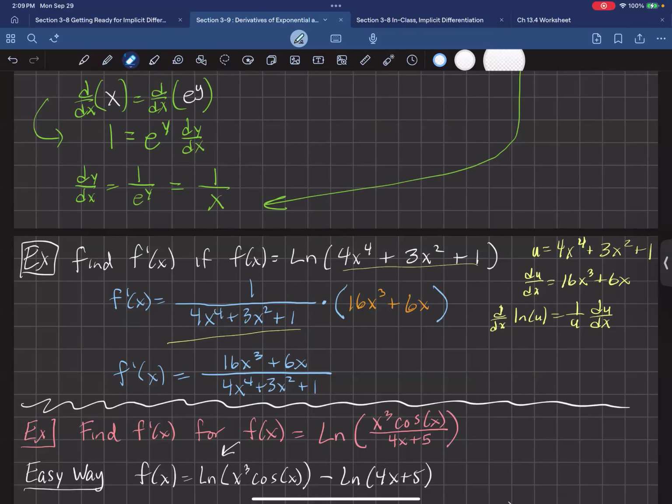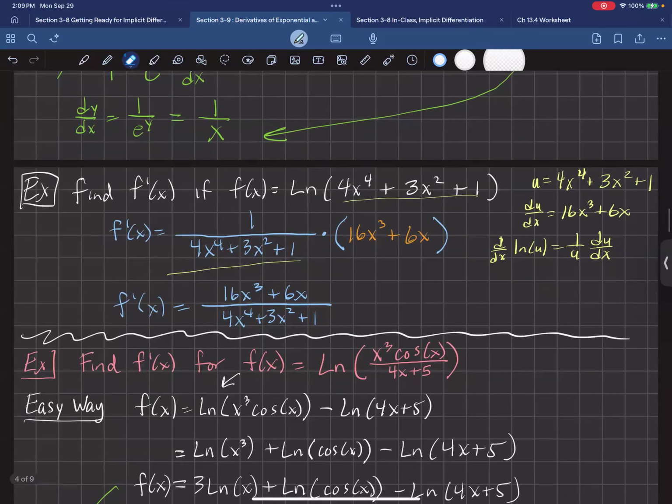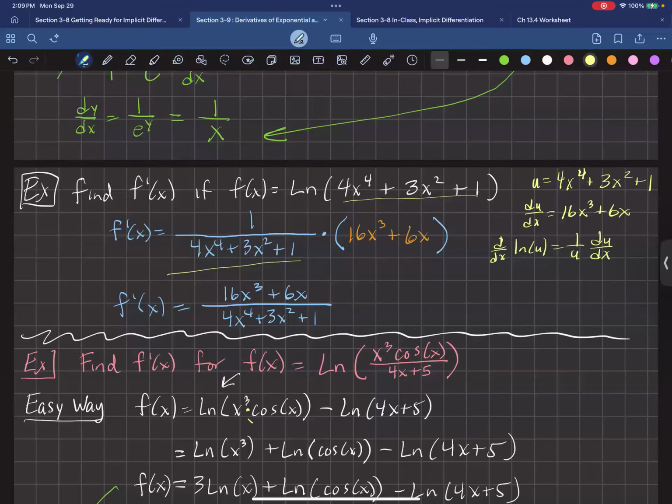The easy way is expanding using the properties of natural logs. When something is divided by another, it turns into subtraction. So we've got ln of x cubed cosine x minus ln of 4x plus 5. And when we have two things multiplied together, they turn into a plus sign. So we got ln of x cubed plus ln of cosine x minus ln of 4x plus 5.